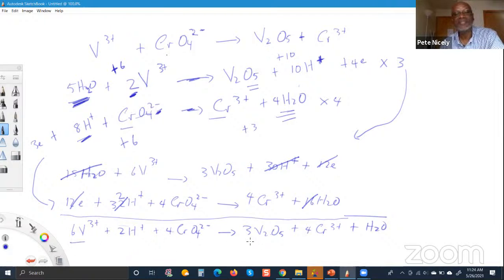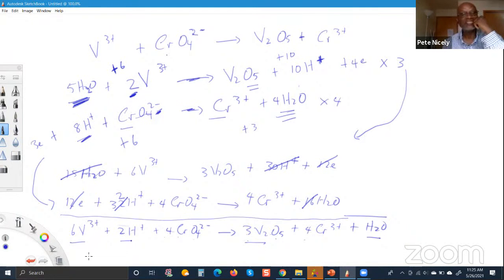6 vanadiums, 3 times 2, 6 vanadiums, so that's balanced. 2 H plus, 2 hydrogens. 4 chromiums, 4 times 4 is 16 oxygens, 3 times 5, 15 plus 1, 16 oxygens.